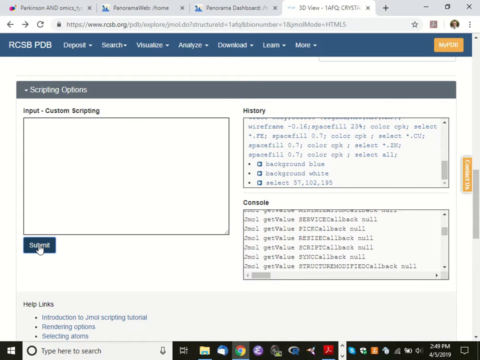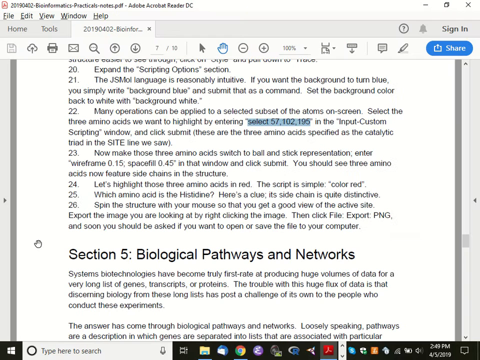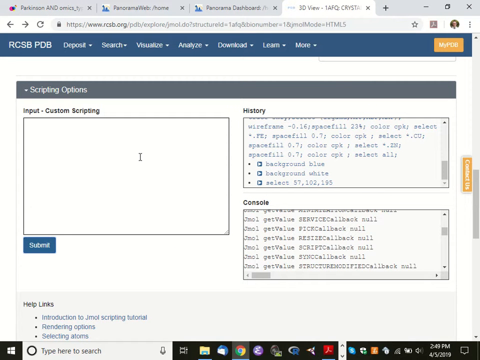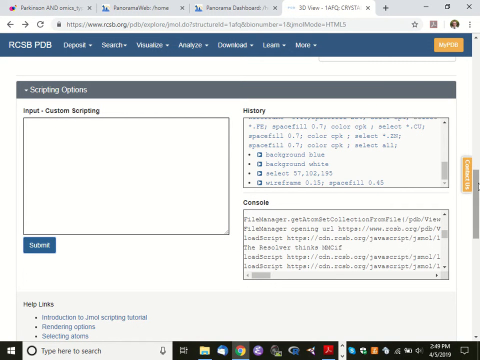Okay, hopefully nothing happened. But something did happen, it just doesn't appear yet. So now we come back to this, and now we want to specify how those should be shown. We're going to change how just these structures are shown. I enter this, poke that in there, and say submit.